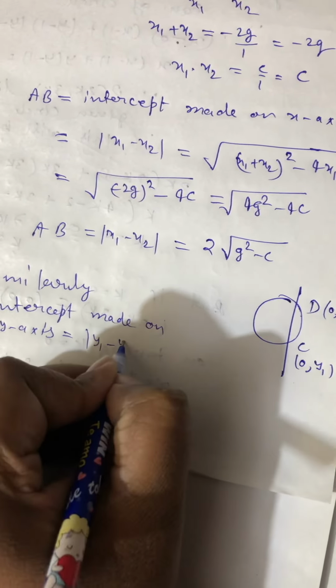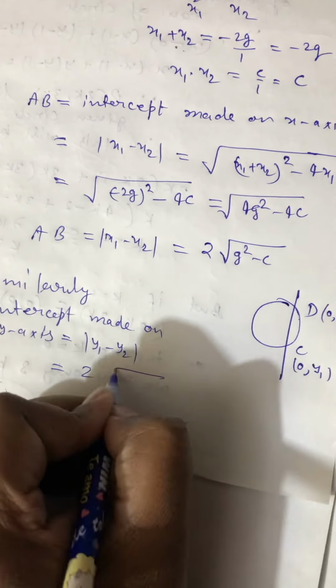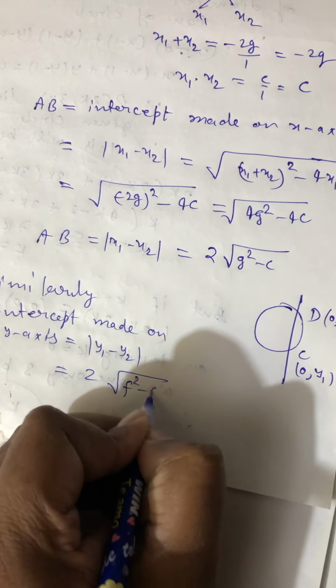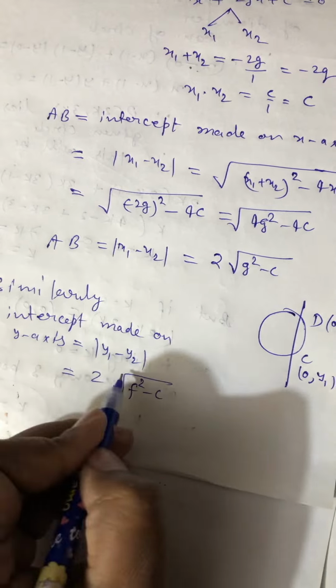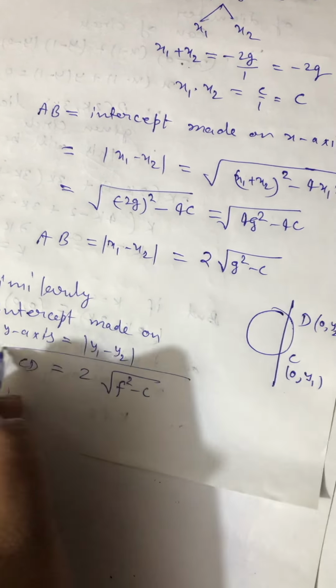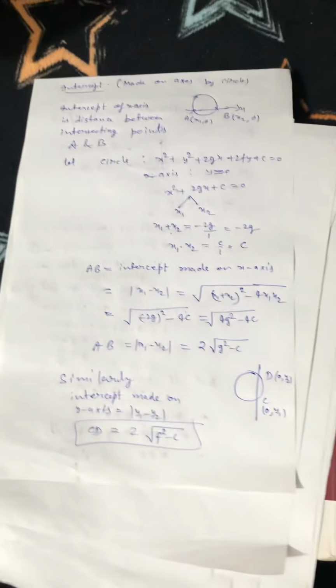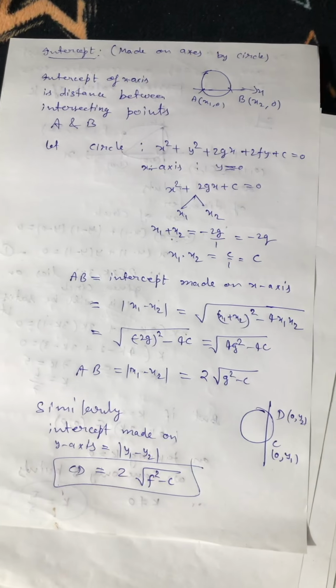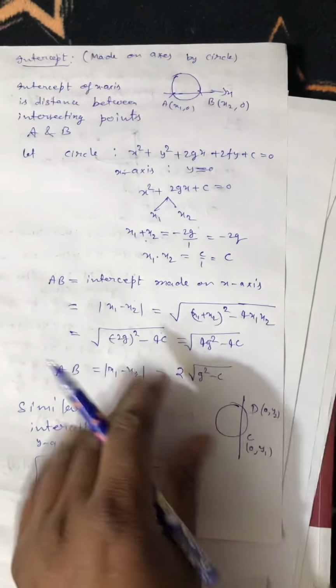Mod y1 minus y2 will be 2 under root f squared minus c. These are the standard results we have to remember. Okay. Now we solve some questions.